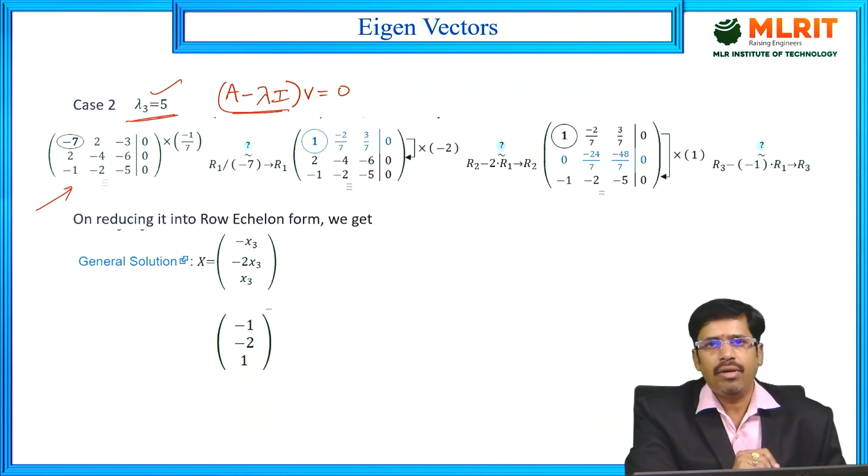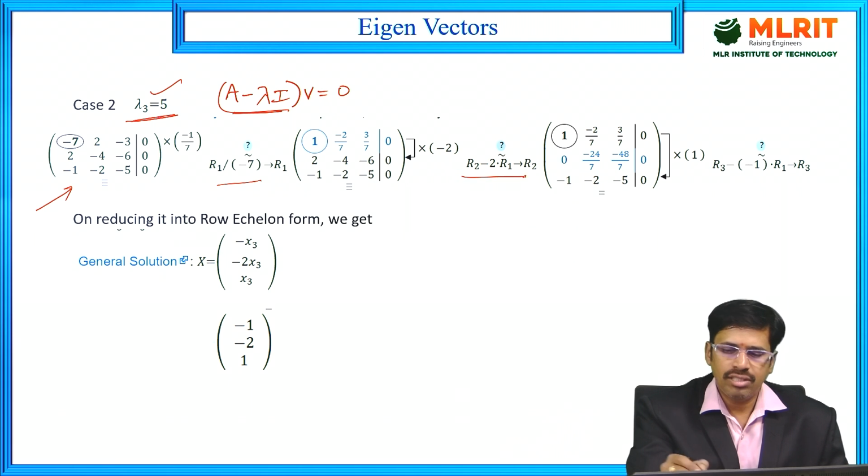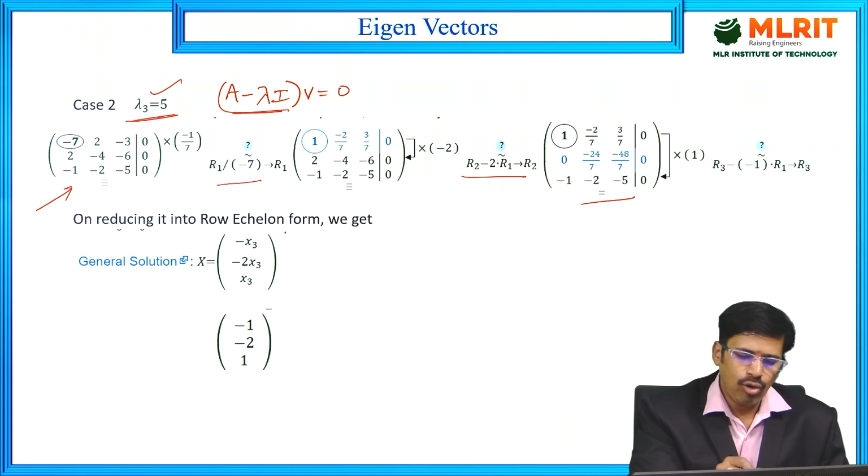Again, by reducing into echelon form, by back substitution, by the Gauss elimination method, we have to find the solution. So using these row operations, I have reduced the matrix into echelon form. On reducing it to echelon form, we get x1, x2, x3 in this form.